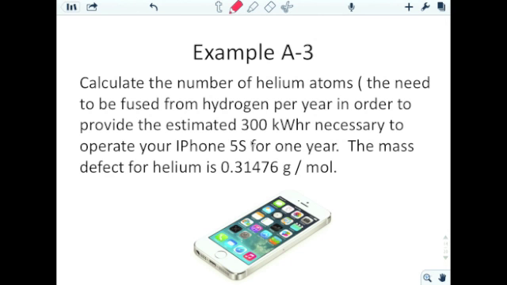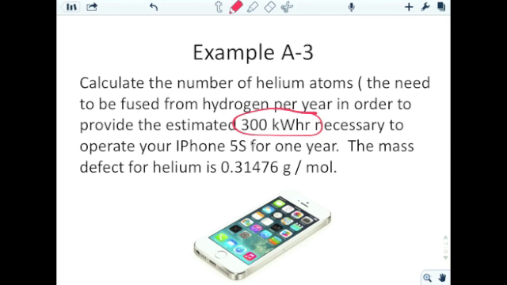that need to be fused from hydrogen per year in order to provide the estimated 300 kilowatt hours necessary to operate your iPhone 5 for 1 year. So when we're looking at this, this is going to be our energy.